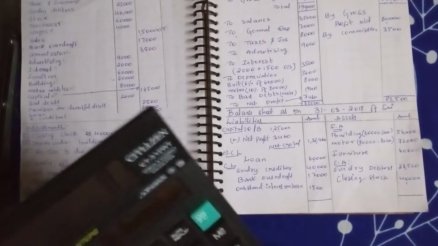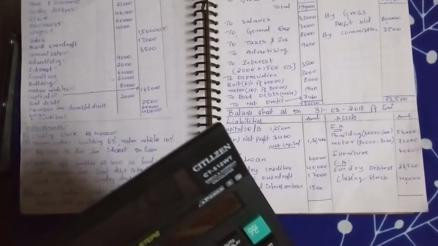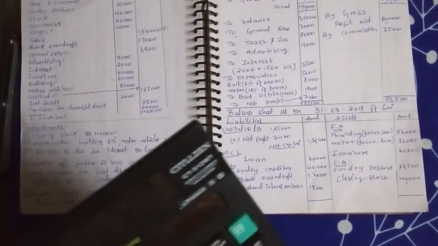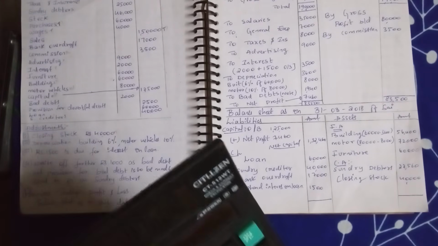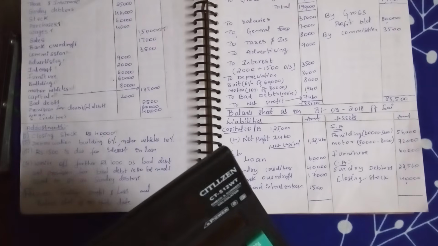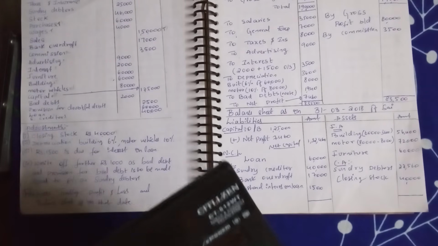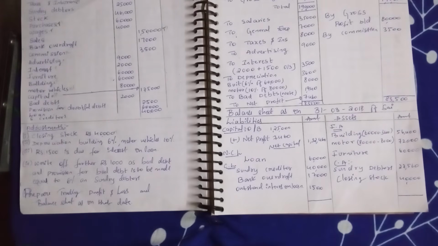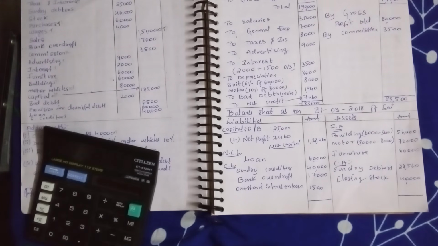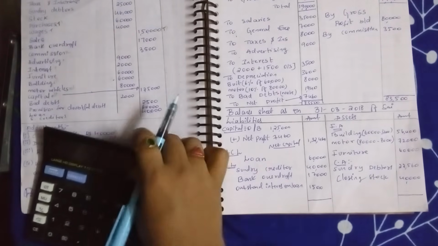So 56,400 plus 72,000 plus 60,000 plus 22,560 plus 40,000. Okay, how much are you going to get? 2 lakhs and some change.